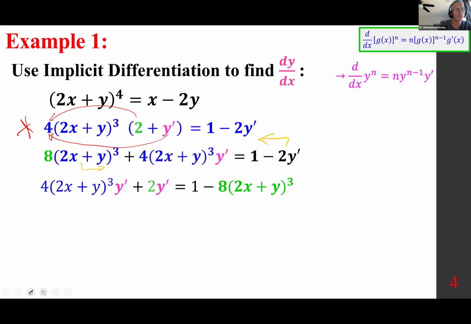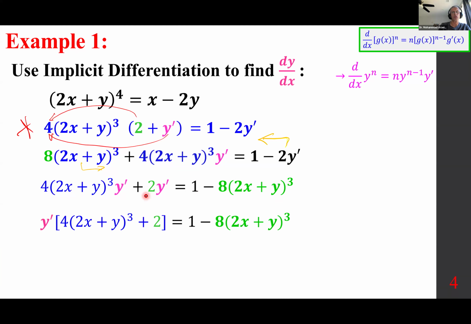So we get 4 times (2x + y) cubed times y prime plus 2y prime equals 1 minus 8 times (2x + y) quantity cubed. Again, we're solving for y prime. So if we take this out, we are left with 4 times (2x + y) quantity cubed and 2 on the left side. The right side doesn't change.